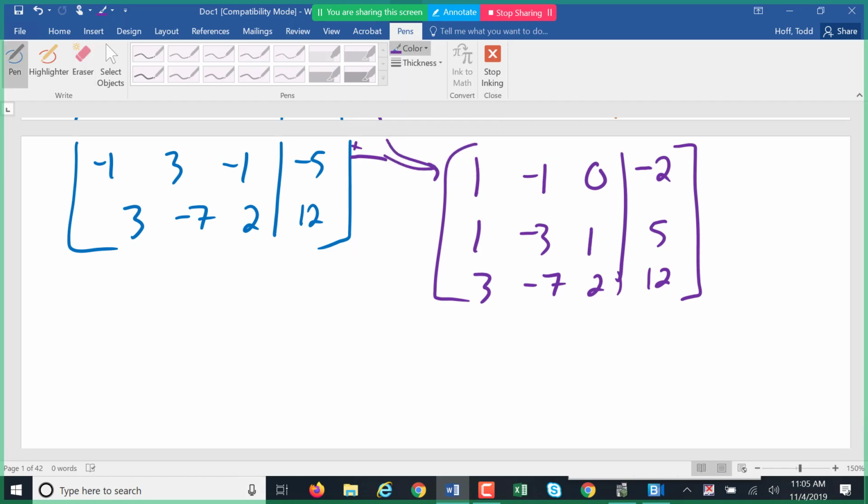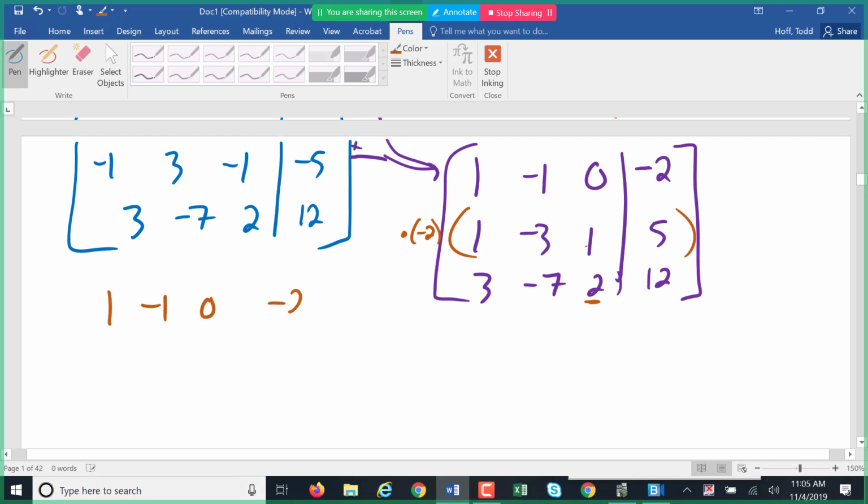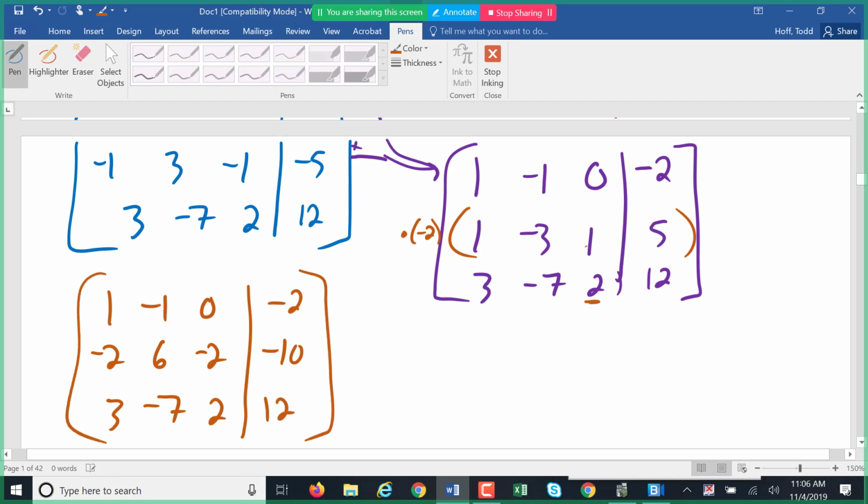Now I'm going to try to get rid of the 2 in this bottom row right here. So I'm going to take my second row times -2. Top row doesn't change. Second row becomes -2, 6, -2, and -10. 3, -7, 2, and 12. Now I'm going to combine rows 2 and 3 and replace the third row.